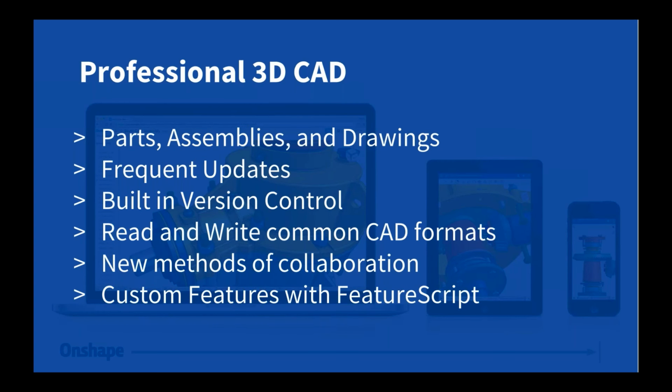In Onshape, that's a built-in capability. You don't need a separate data management system, as the document has that built in. You have the ability to create versions or revisions and go back to those points, and you have all of that history in the document automatically. There's no separate data management system needed. It's all built into core Onshape.